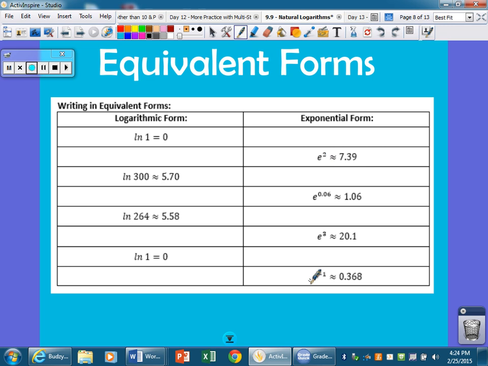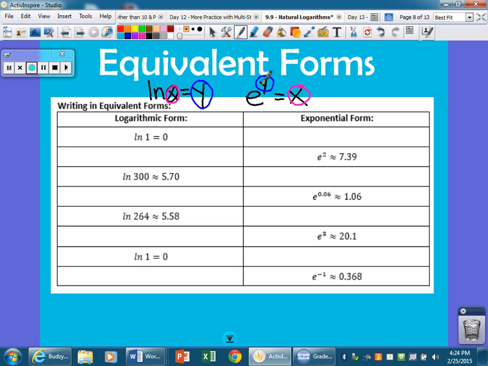Remember, back to your previous page, ln of x equals y but e to the y equals x. Let's look at the different parts. We have x in pink, so that's your equals. Your y is what this one equals, but it's your power for your e.